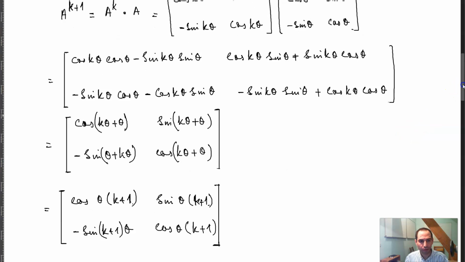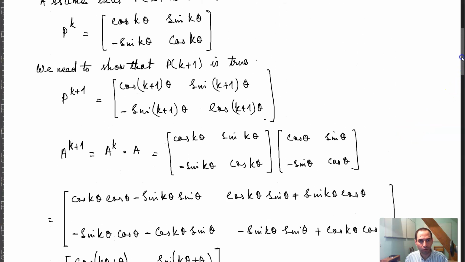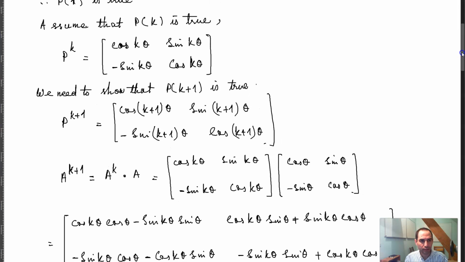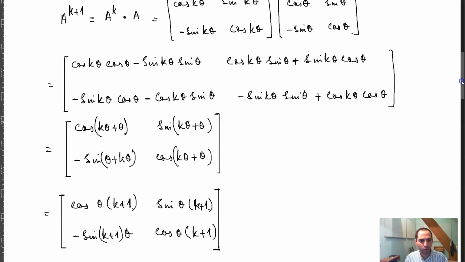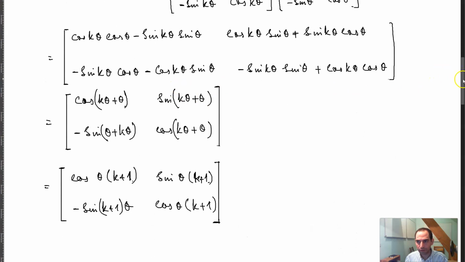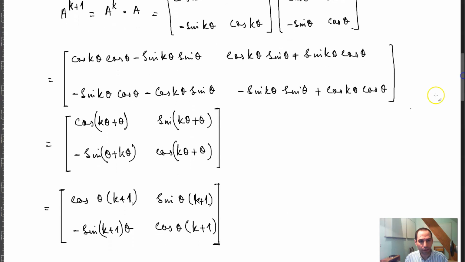Right, so that is basically that. So what that means is that this is the same thing as A^k plus A raised to the power k plus 1.